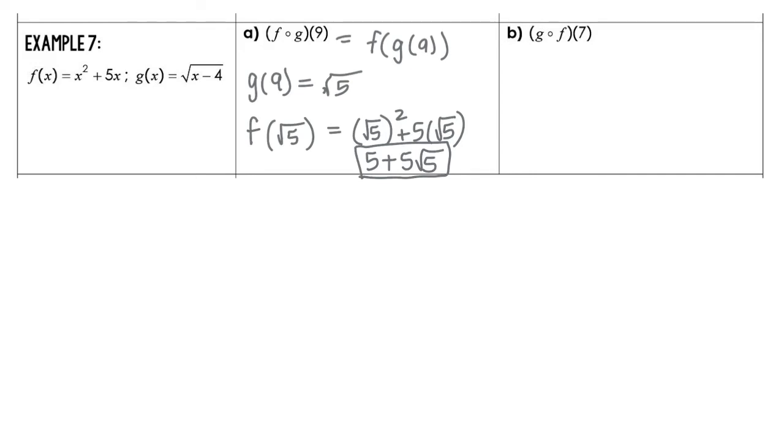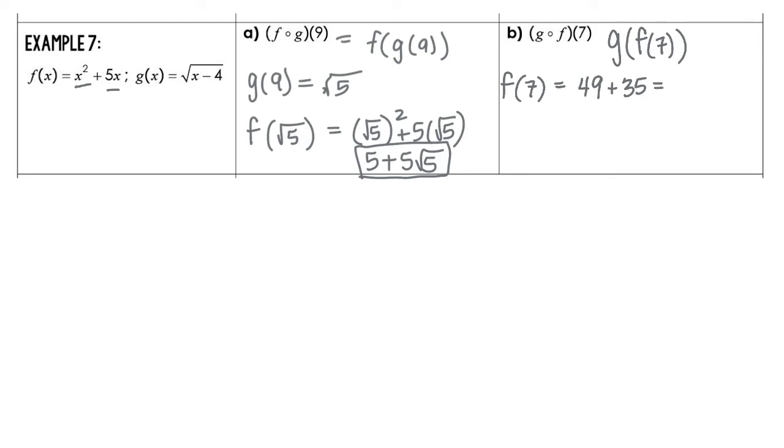Okay, now reversing the order, again, that's going to change a little bit. So for this one, remember this is g at f at 7. And so finding f at 7, you're going to have 7 squared, so 49 plus 35.